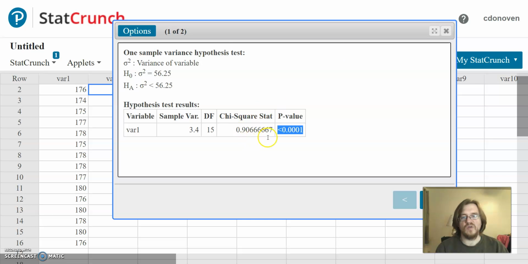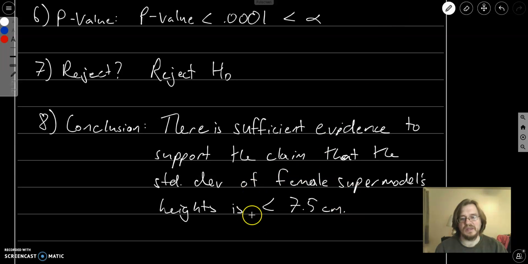So again, essentially we plug everything into StatCrunch and it tells us our p-value right away. So using that p-value, we can produce our conclusion.